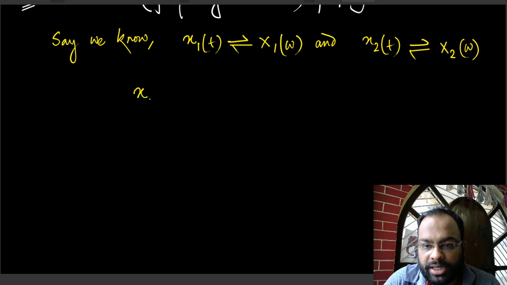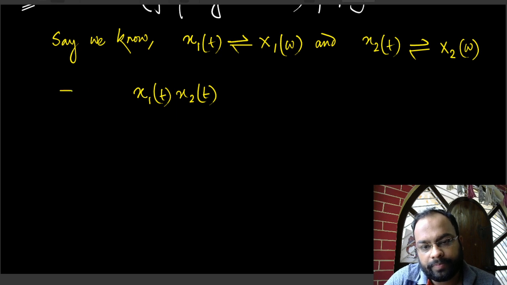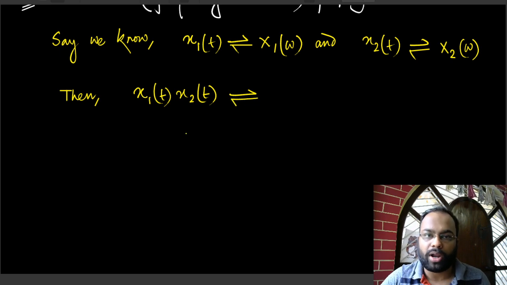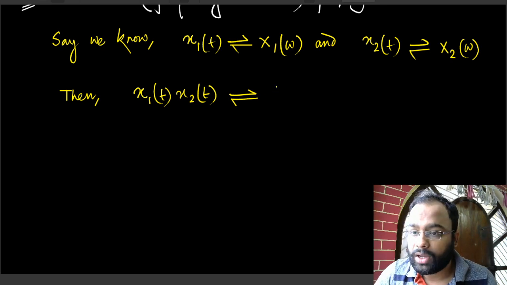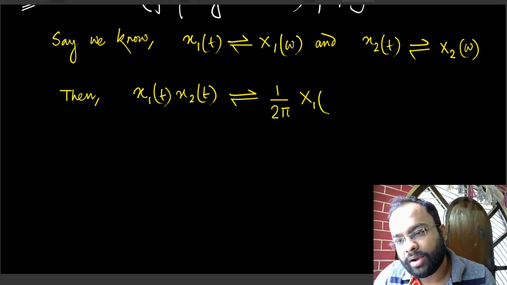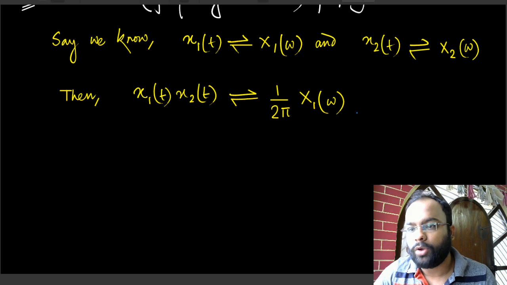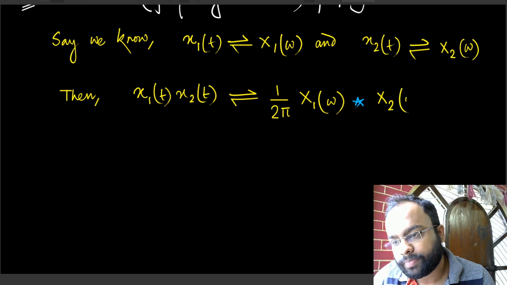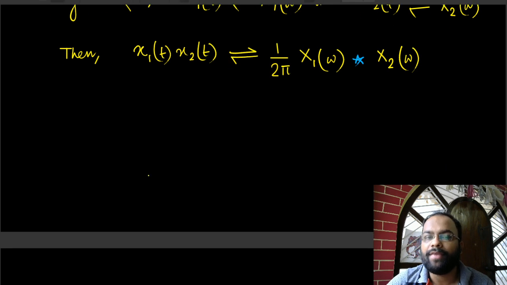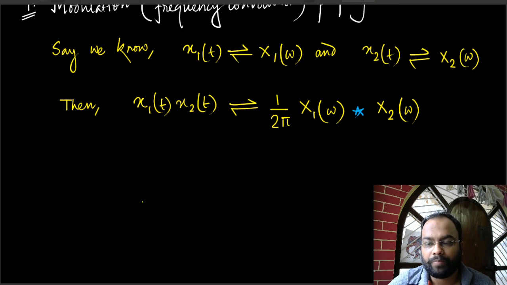As we shall soon see, the Fourier transform of x1(t) x2(t) is not the product of the individual Fourier transforms, but instead the convolution of the individual Fourier transforms with a 1 by 2 pi scaling factor: 1/(2 pi) X1(omega) convolved with X2(omega). And don't worry if you have forgotten everything about convolution, because soon everything shall come back.